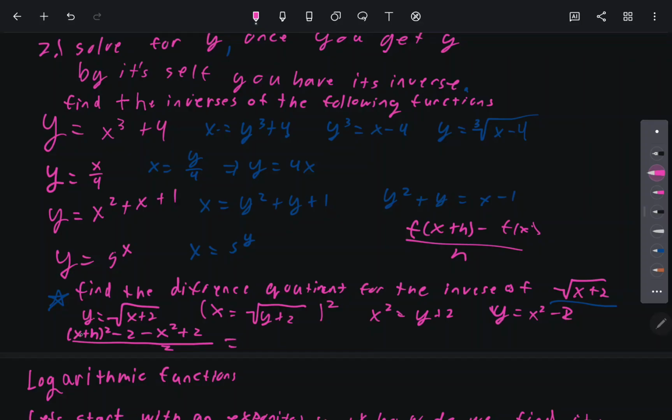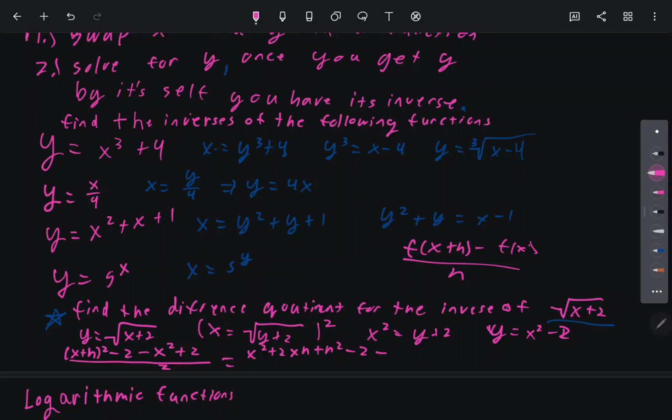Well, we can now square this term out, so we get x squared plus 2xh plus h squared minus 2 minus x squared plus 2, all over h.